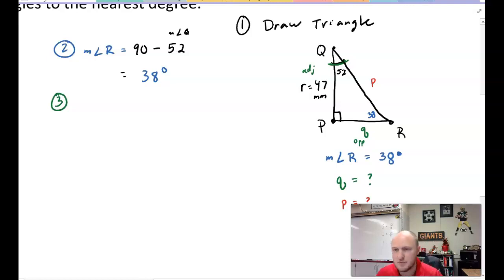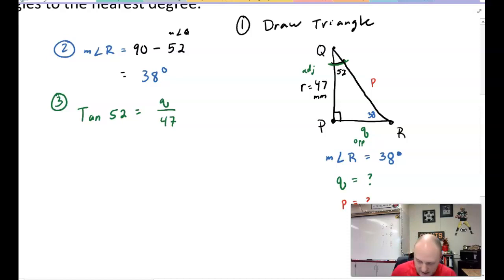So again, I'm labeling it. I'm using the angle that's 52, it's given to me. So opposite over adjacent, that's tangent. So tangent of 52 is equal to q over 47.